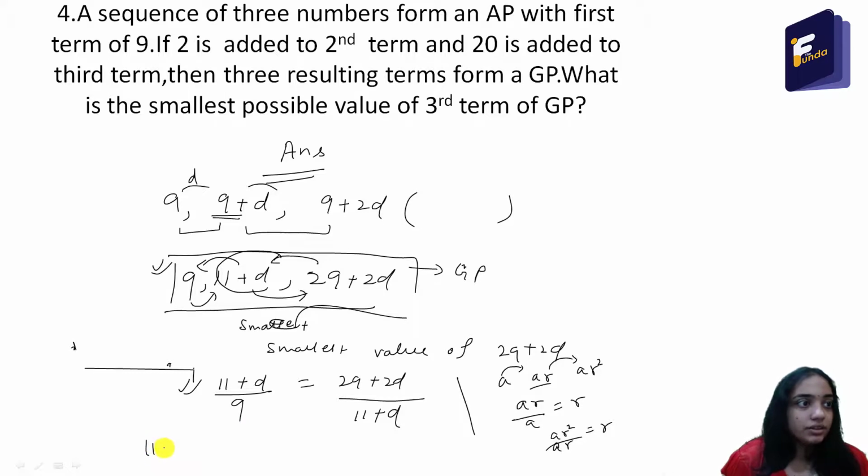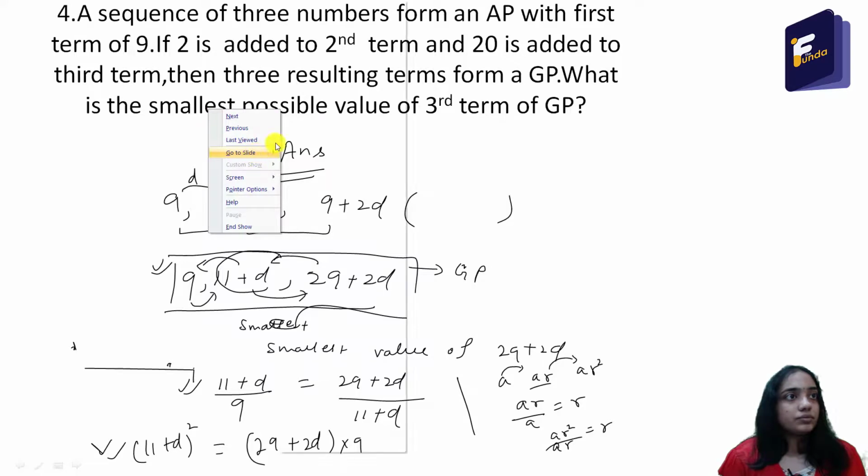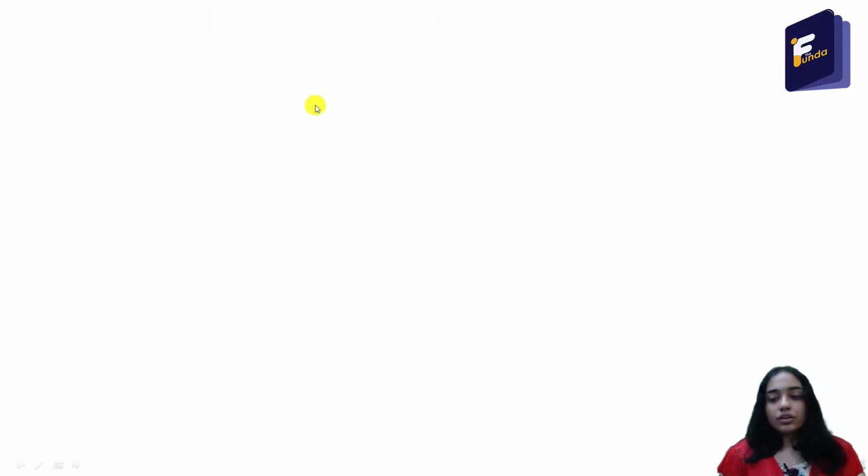So 11 plus D whole square equals 29 plus 2D whole into 9. Let's now solve this equation.